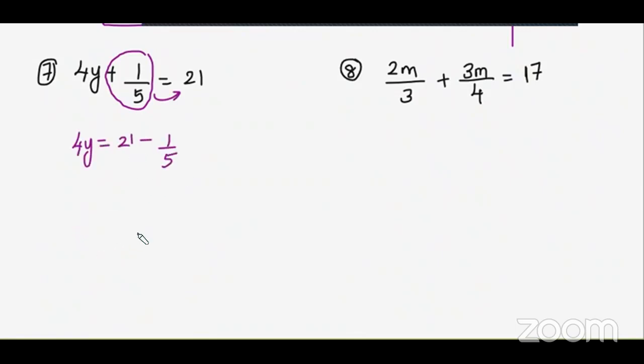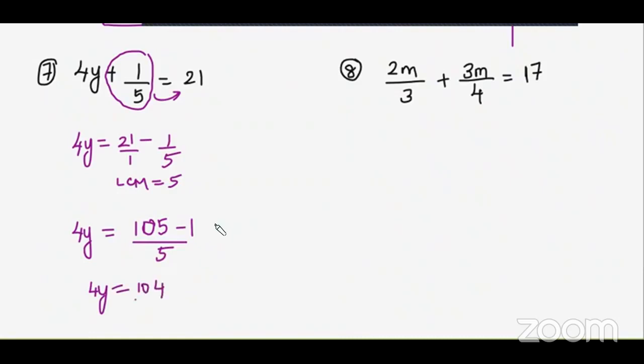So 4y equals to 105 minus 1 divided by 5. Now 4y equal to 104 divided by 5. The 4 will be shifting to the other side and it will get divided. So you'll get y equals to 104 divided by 4 times 5, which is 20.